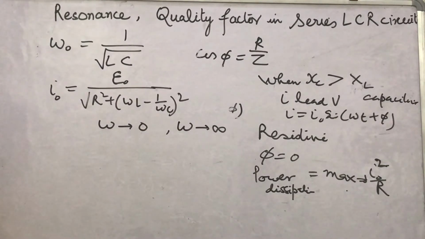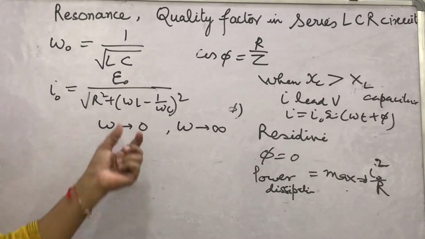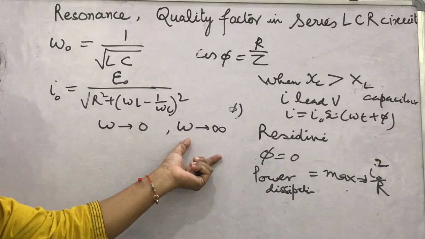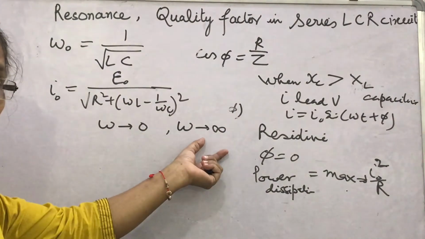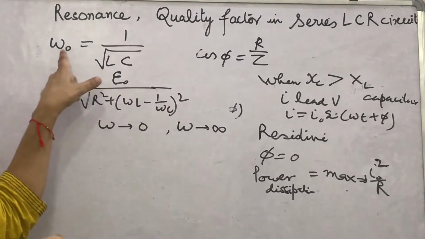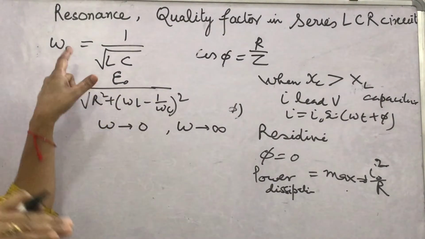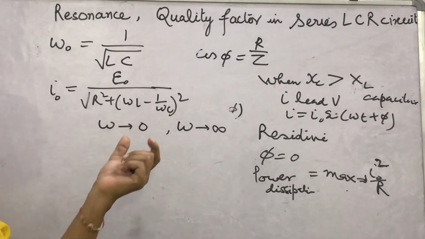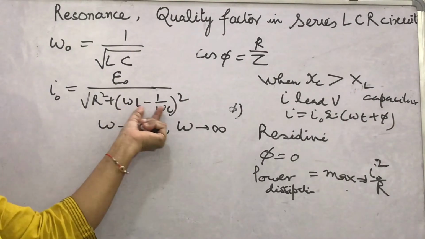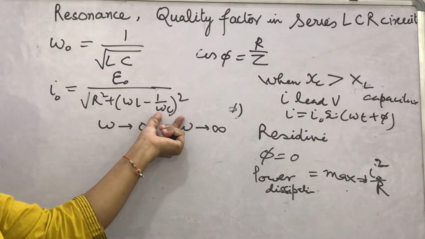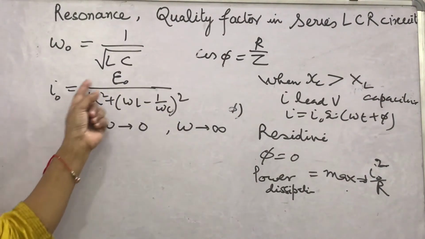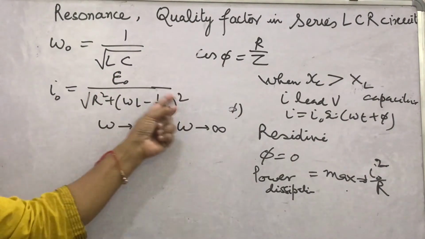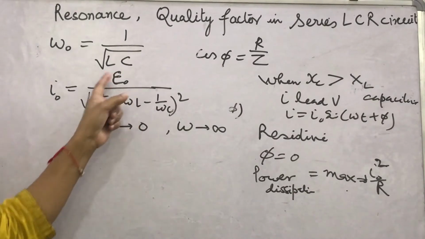Look, I naught will be 0 for these two values. Then from 0 to infinity, there is a frequency that we have selected, suppose omega naught, for which omega L minus 1 upon omega C becomes 0. Then the current becomes maximum, impedance becomes minimum, and that is E naught by R.